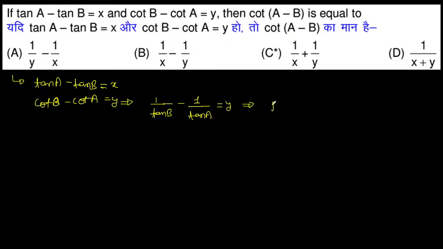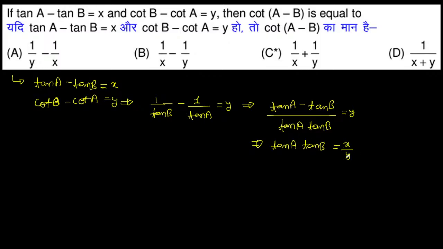Taking LCM, it is tan a minus tan b upon tan a tan b equal to y. If you put tan a minus tan b as x, can we say that tan a tan b is equal to x by y? So this is 1, this is 2.